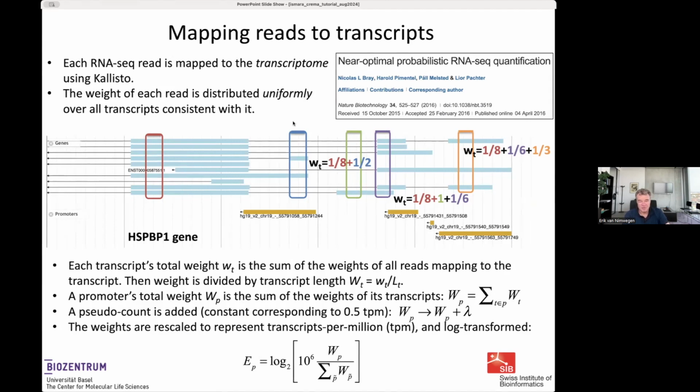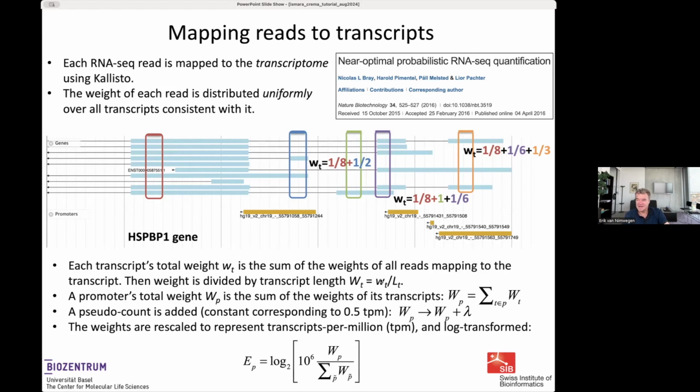Now, for each transcript, I'm going to sum these weights. For example, for this transcript here, there is a weight of 1/8 from the red and a weight of a half from the blue one. For this transcript here at the bottom, there is also 1/8 from the red one, and then there is 1 from the green one and 1/6 from the purple one. So for each transcript, we sum these weights over all reads that have been mapped to them.